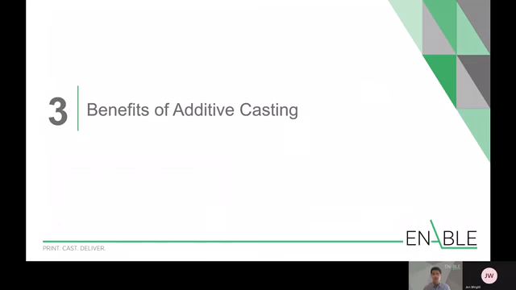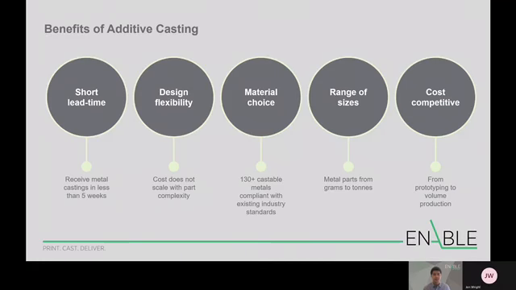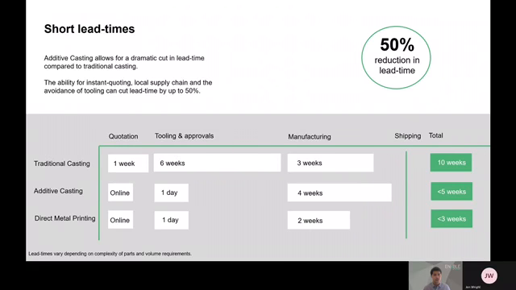Both of these processes result in a cast metal part. So what are the benefits of additive casting? Additive casting has benefits on lead time, design flexibility, material choice, range of sizes, and cost. Let's look at this in more detail with lead time. Traditional tooling in metal casting can take an extraordinary amount of time and is often measured in weeks.